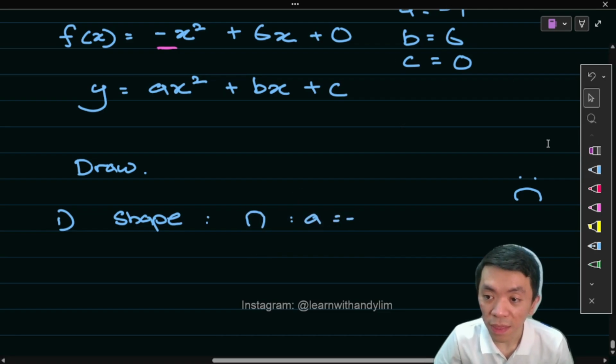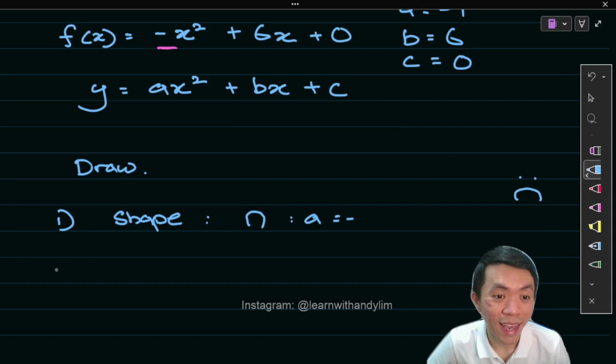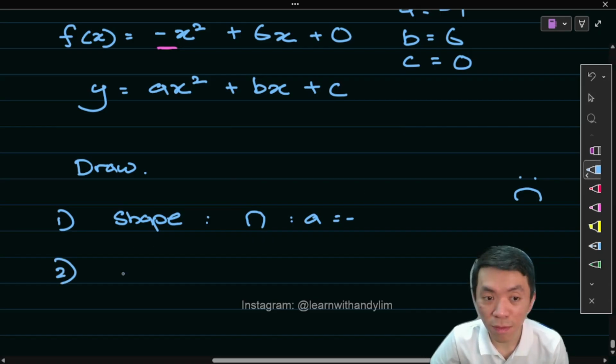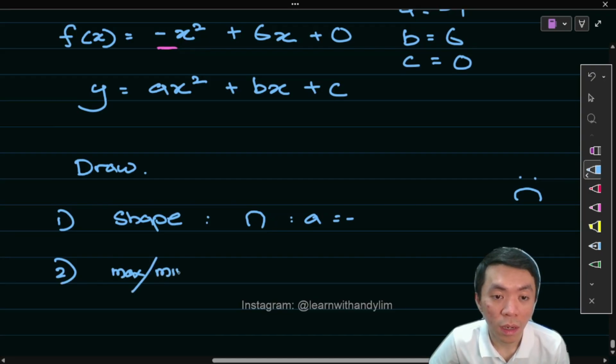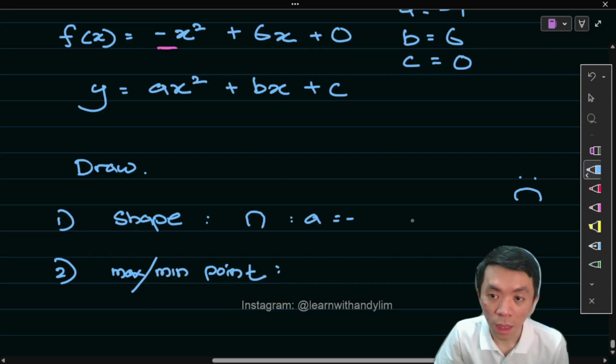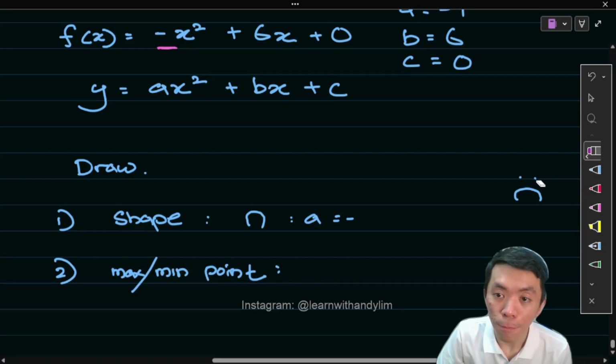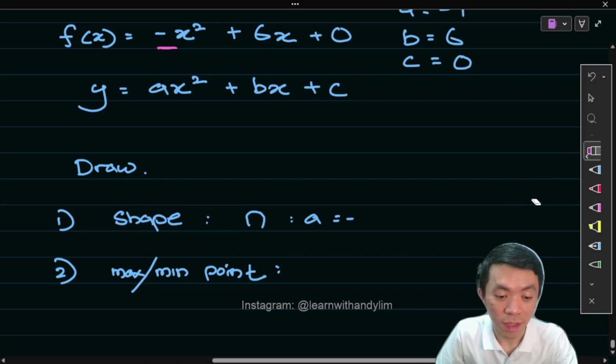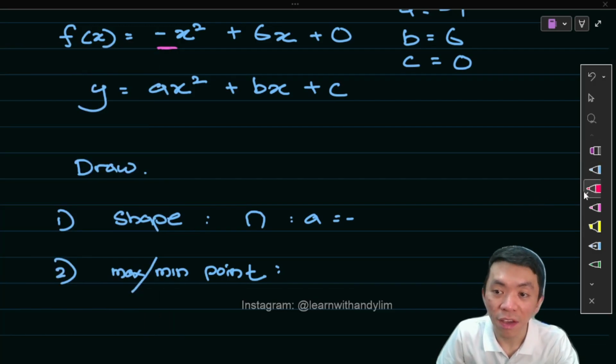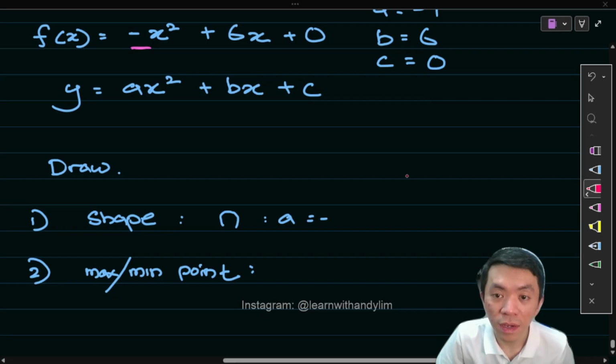For the second part, I would like to know the maximum or minimum point. Okay, guys, let's look at this thing. Say that I have a graph, let's say I have this kind of graph.